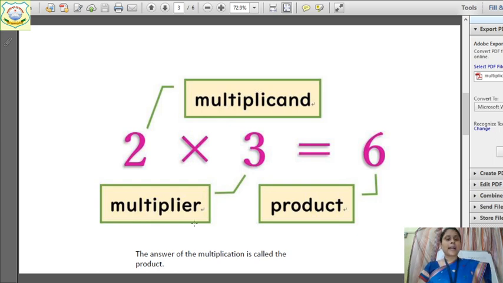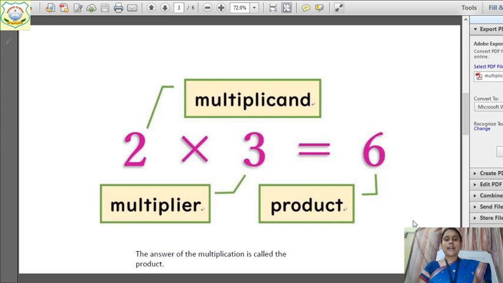The number by which it is being multiplied is known as multiplier, and the answer that comes is known as product. Okay. So same is the case in table also, in horizontal multiplication also. I hope you all have understood up to here.